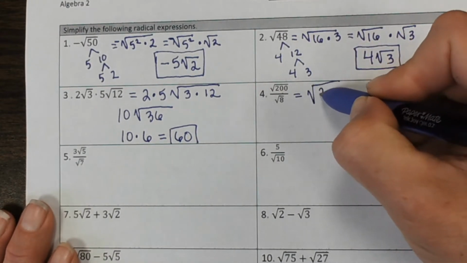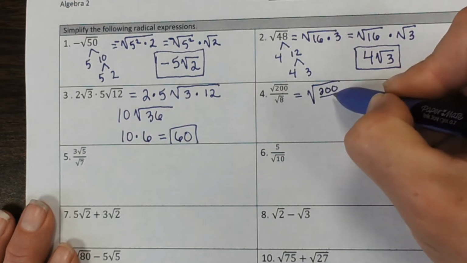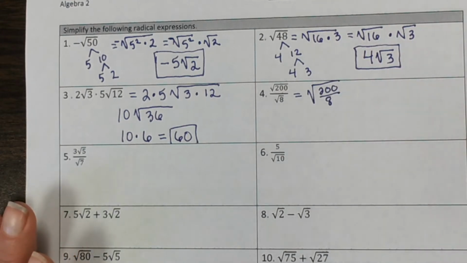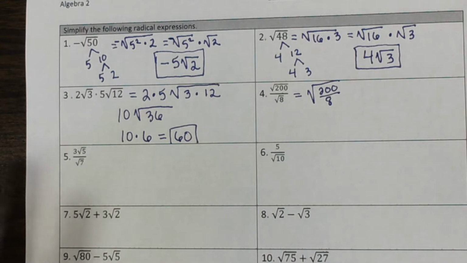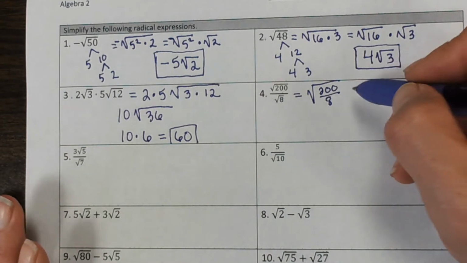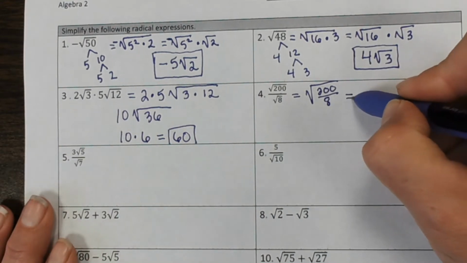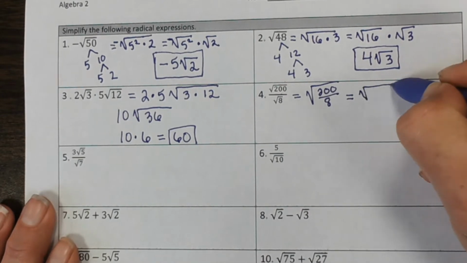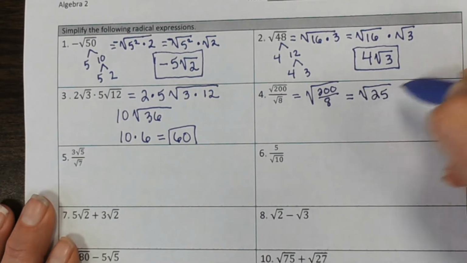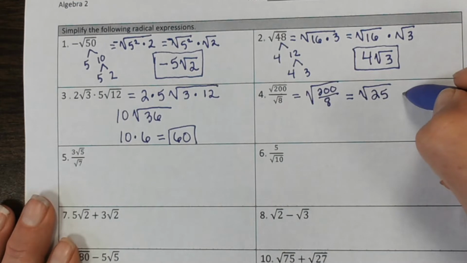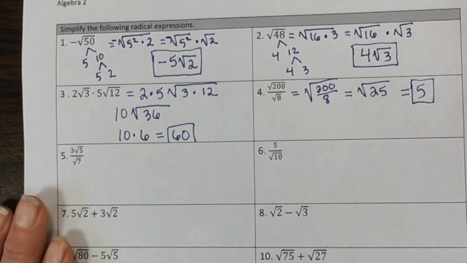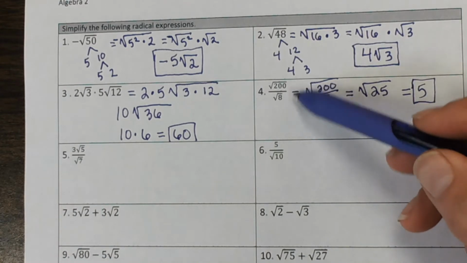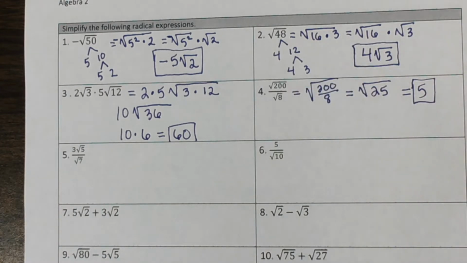So if I write this under one radical, 200 over 8, I notice that 200 over 8 does simplify, it reduces to 25. So this becomes the square root of 25, and I know the square root of 25 is just 5. So that makes it a lot easier instead of having to rationalize that denominator.